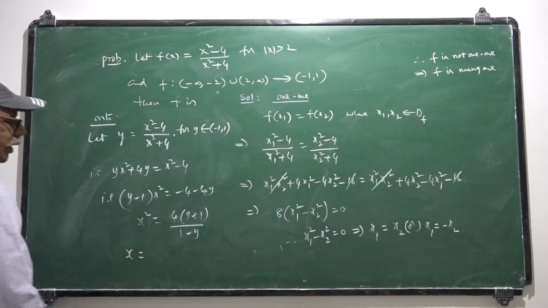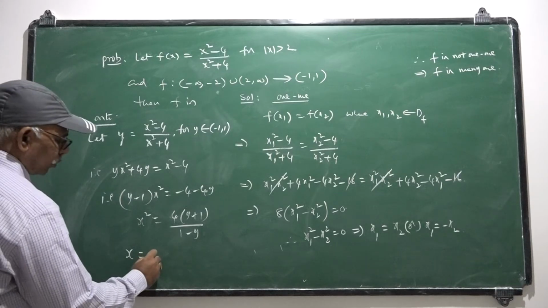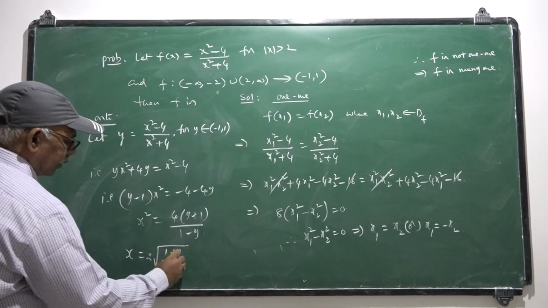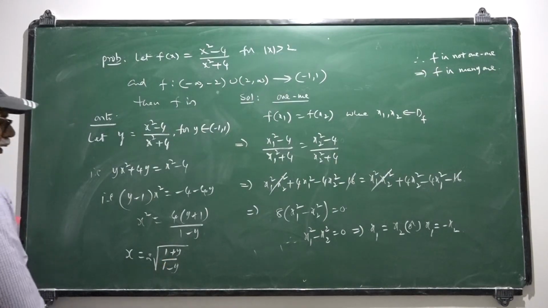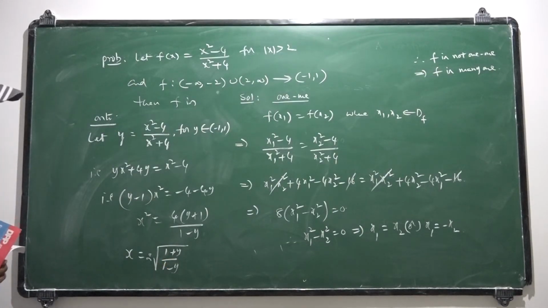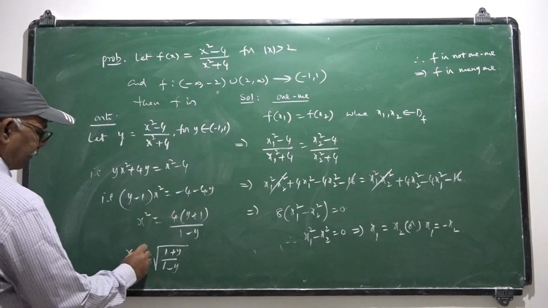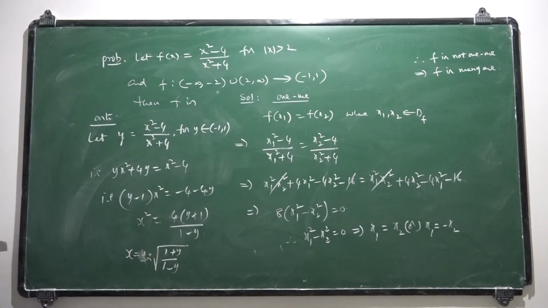That is, x takes the value 2 into root over (1 plus y) by (1 minus y), of course plus or minus. x equal to plus or minus 2 into root over (1 plus y) by (1 minus y).